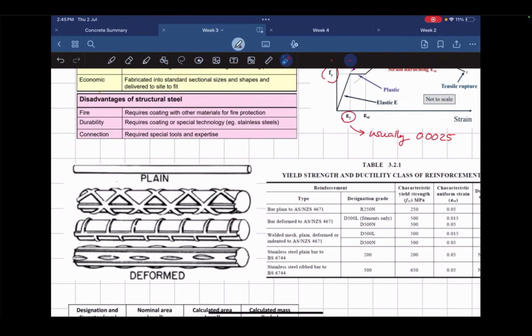Pulling this out, sure, there's a bit of friction here. But the concrete in this area, as was said, provides better bonding. It's just more surface area. It's called mechanical interlock.